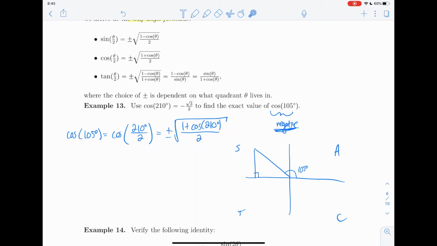And since our cosine of 105 degrees needs to be negative since it lives in quadrant 2, that's the choice we end up making. Since that needs to be negative, we take the negative root. So this is then equal to the negative square root of 1 plus negative root 3 over 2, because that's the cosine of 210, divided by 2. And this looks like an ugly number, but it's still just a perfectly valid number nonetheless.